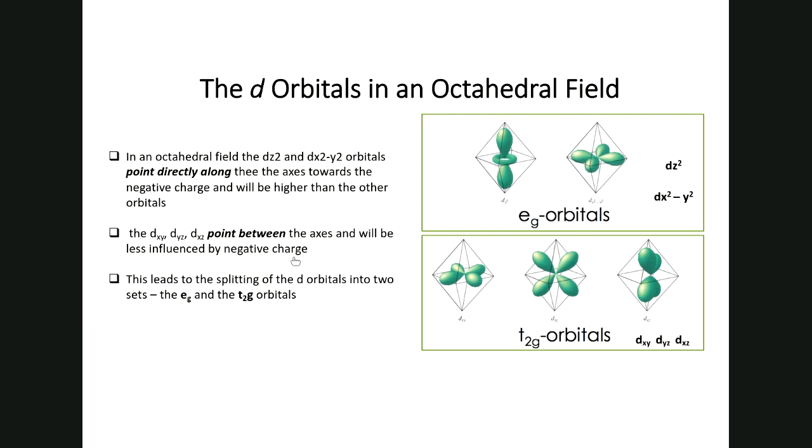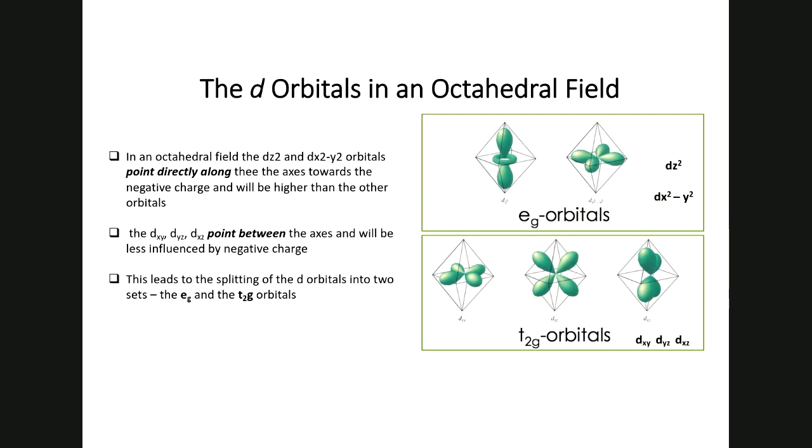This leads to the splitting of the 5 d orbitals into two sets, the eg and the t2g orbitals. When you talk about electron count now, we can be more specific by saying how many electrons are in the t2g set and how many in the eg set, rather than just saying d6 or d7. We can be more descriptive.